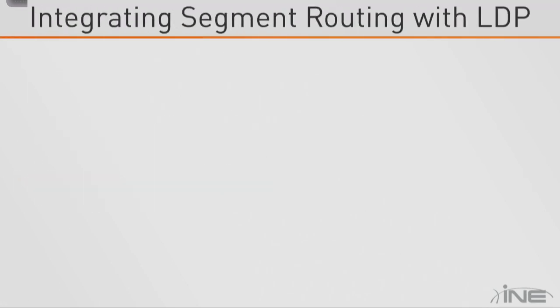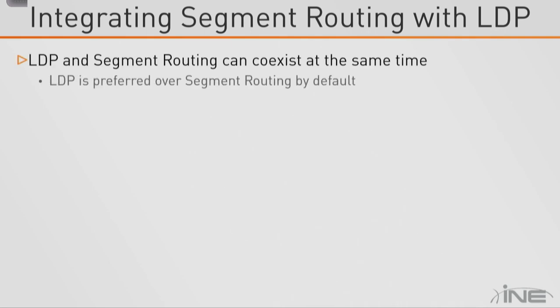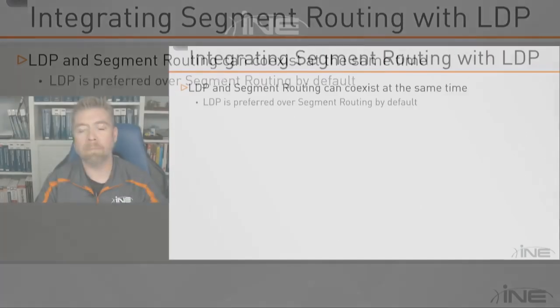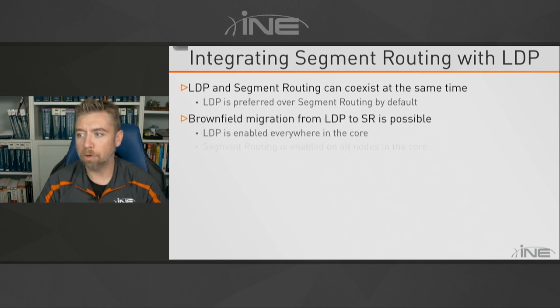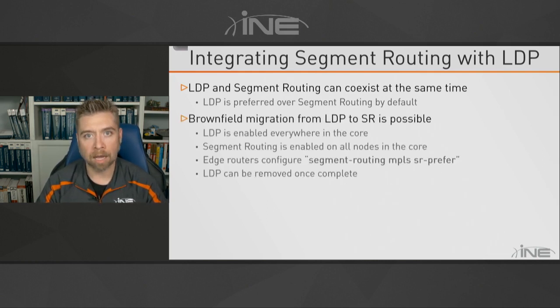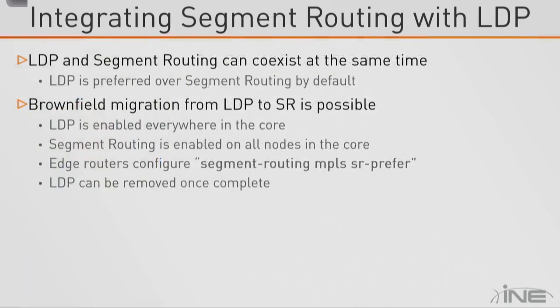Okay, now the other issue that we're potentially going to run into here is how do we integrate segment routing with LDP? Assuming that LDP and segment routing are running at the same time, the issue is that LDP is going to be preferred. So let's say, for example, that we wanted to migrate between the two of them. We're migrating towards segment routing, but right now everyone is running LDP. So what we would do would be to turn segment routing on everywhere. Make sure that OSPF or ISIS is successfully running for segment routing.